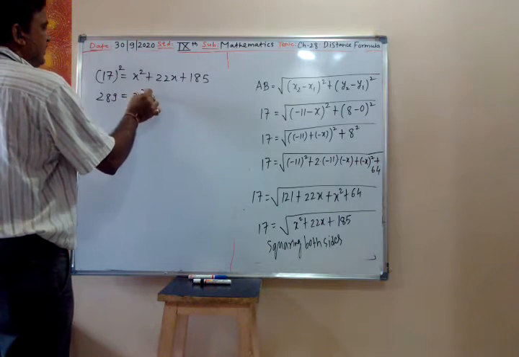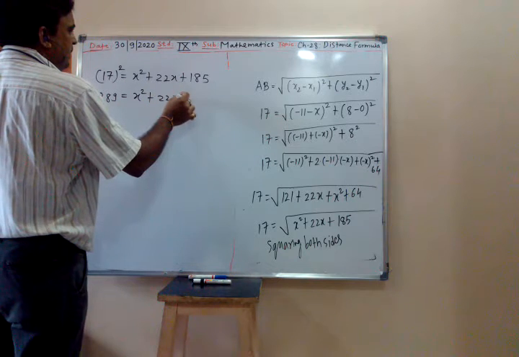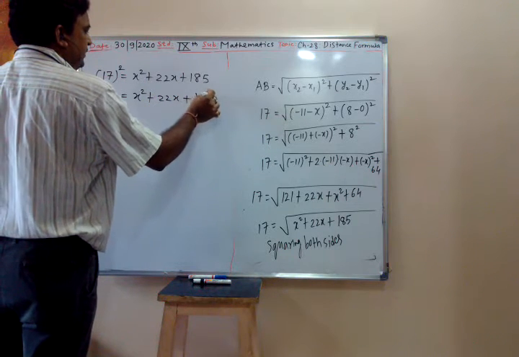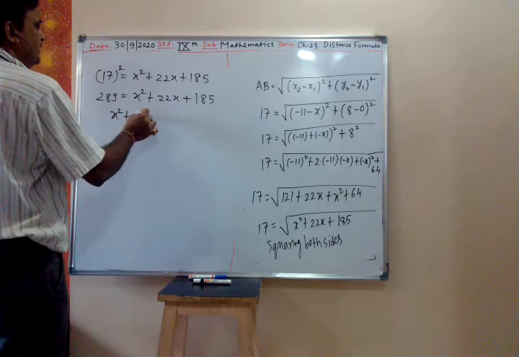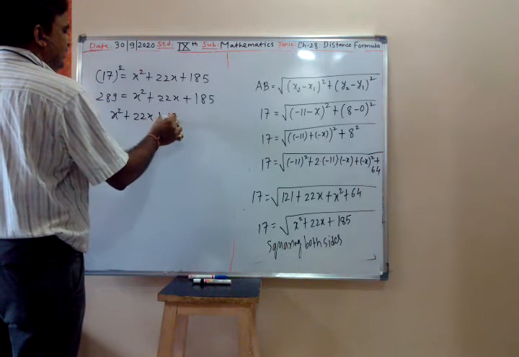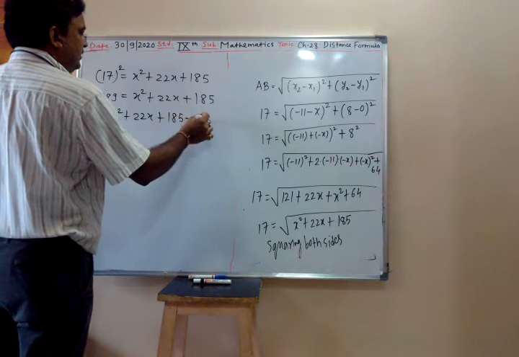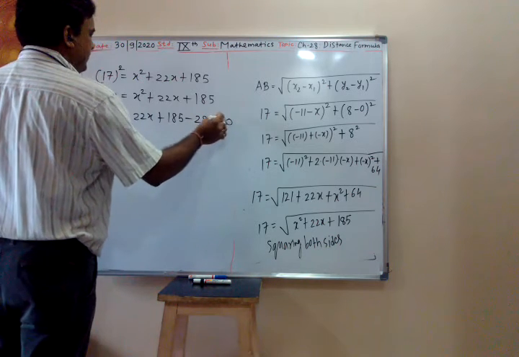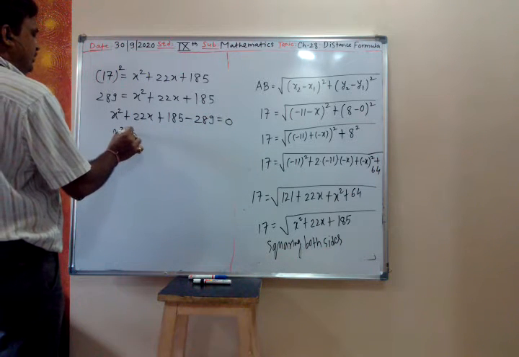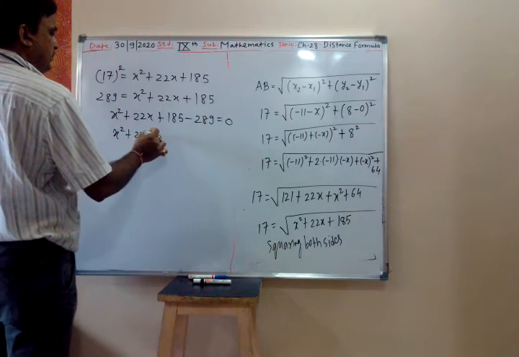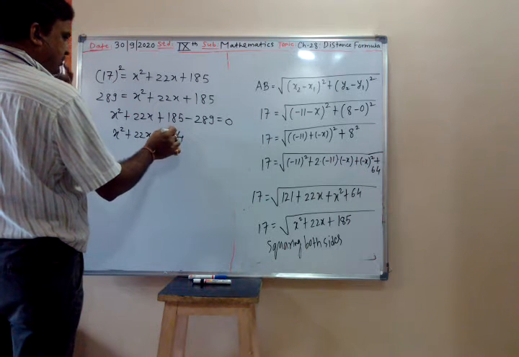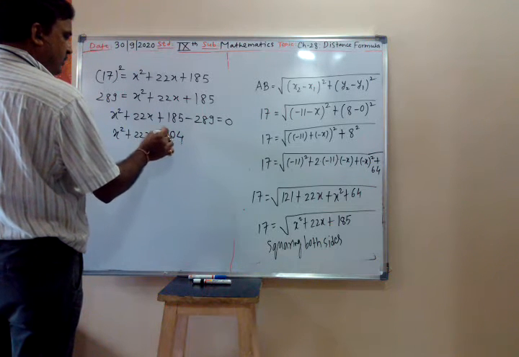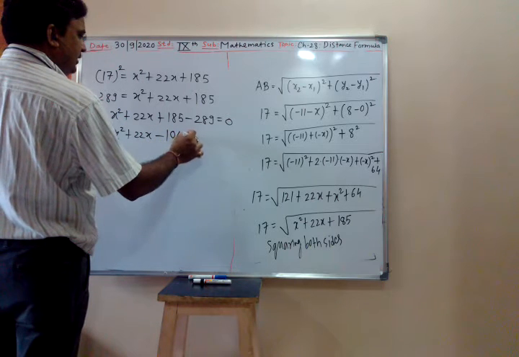So 289 is equal to x square plus 22x plus 185. Take 289 on this side, you will get x square plus 22x plus 185 minus 289 is equal to 0. So you will get x square plus 22x minus 104 is equal to 0.